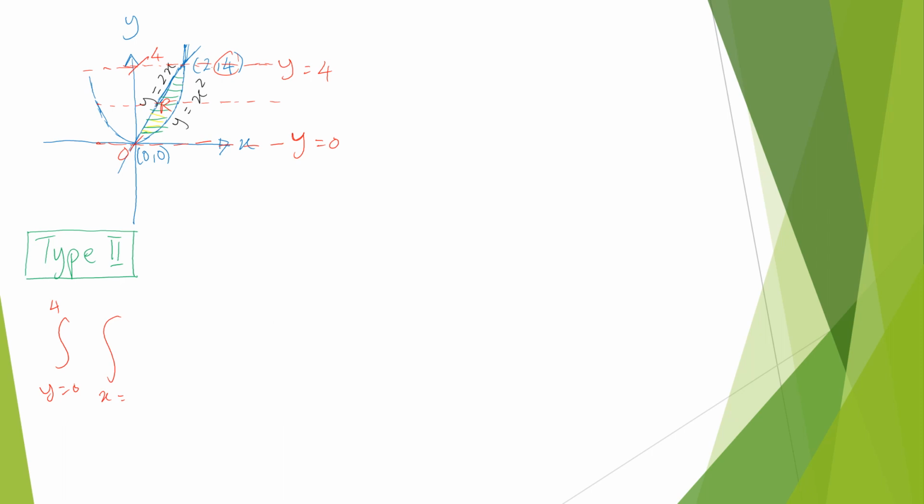Looking at the reference line, the graph on the right is y equals x squared, because y equals 2x is located on the left of the region R. So the bigger is y equals x squared.